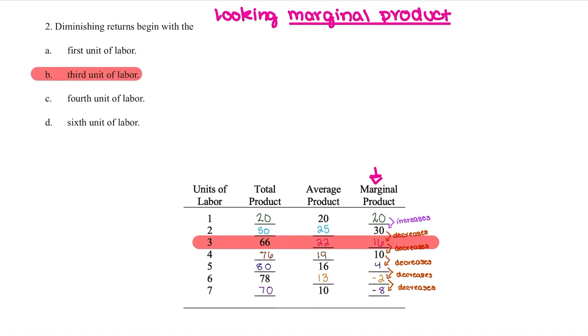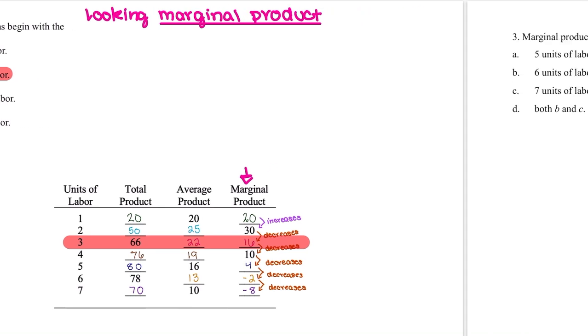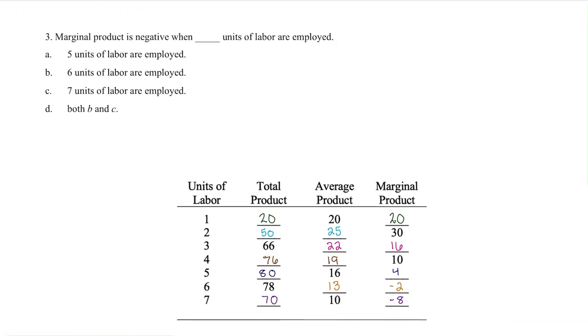That's the first time that our arrow starts to be orange. Marginal product of labor is negative. We're going to change colors of our highlighter. But it's negative right here, which is when 6 and 7 units of labor are employed. So our answer is both B and C.